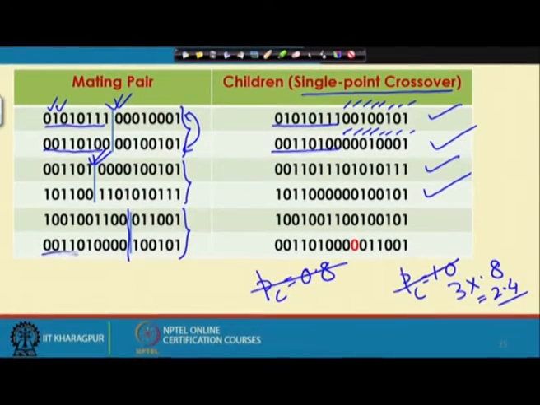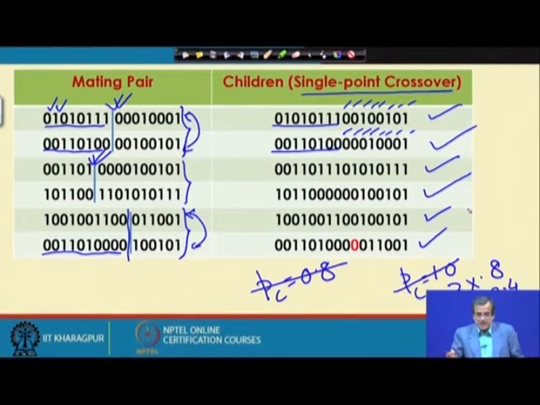So, the bits which are lying on the left hand side of the crossover site will remain the same, and there will be swapping of the bits lying on the right hand side of the crossover site. So, you will be getting these 2 children solutions. This is actually how to implement the single point crossover to get the children solutions from this particular mating pair.